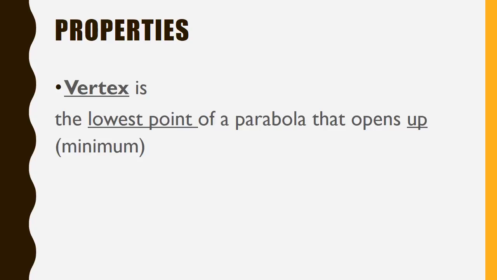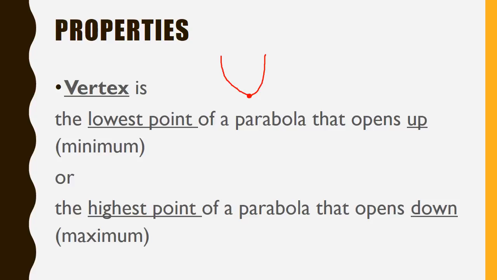So in this parabola, we have a minimum, and the vertex is the minimum point. Or it could be the highest point of the parabola if the parabola opens down. So if the parabola opens down, that means we have a maximum, and the maximum point is the vertex for this parabola.